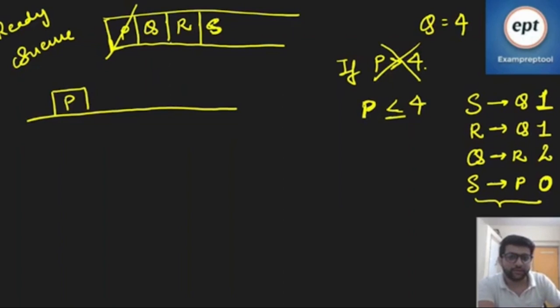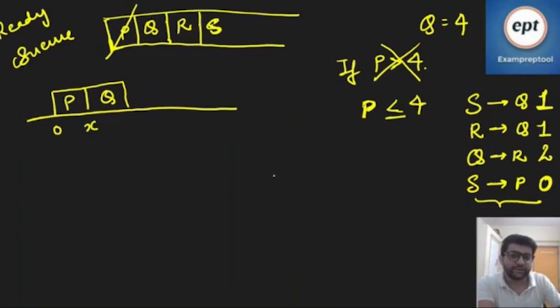Now, the process Q arrives in the ready queue. So P executes from 0 till, let's say, some time X. After that, the process Q arrives, so Q will be scheduled here. We have been given that there is a context switch from S to Q, right?